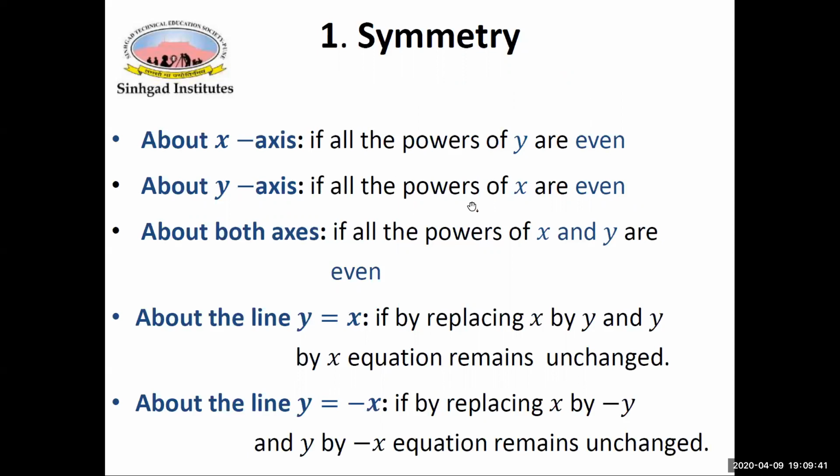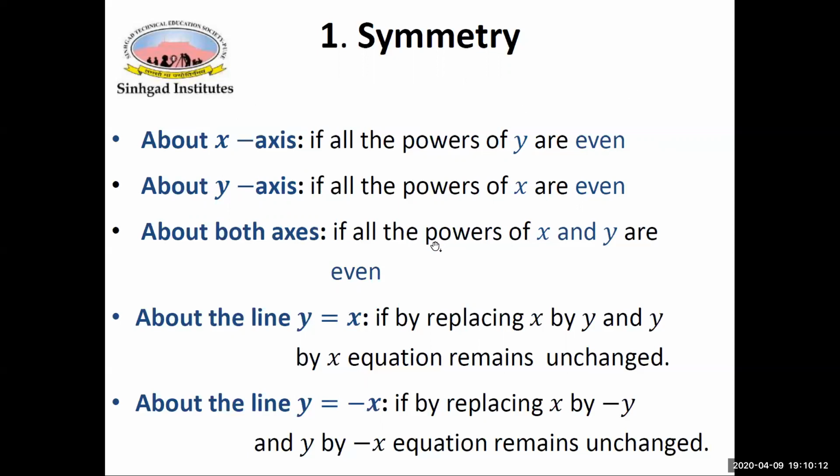Whereas, if all the powers of x are even in the equation of the curve, then it is symmetric about the y-axis. And if both x and y have even powers, then it is symmetric about both the axes. So in short, how to remember? Even powers of y indicate symmetry about the x-axis. Even powers of x, symmetry about the y-axis.